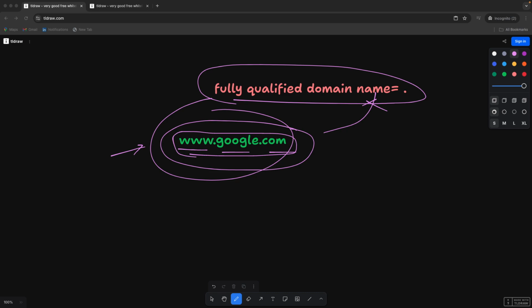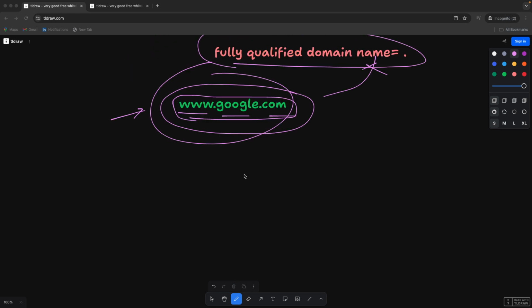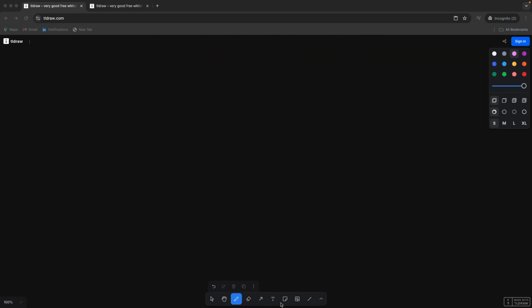Now, the hierarchy of name servers. So basically how are we giving a domain name? The topmost is going to be my root server name. So I'm going to have the root server here.